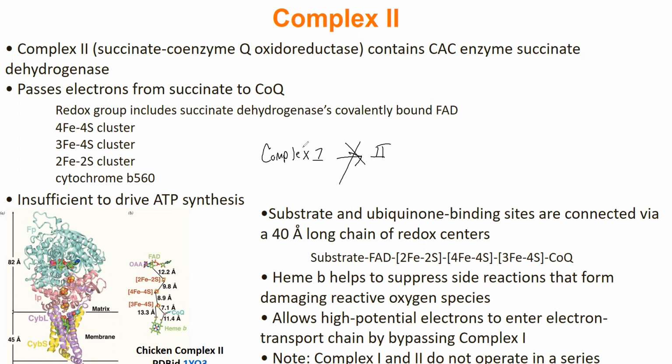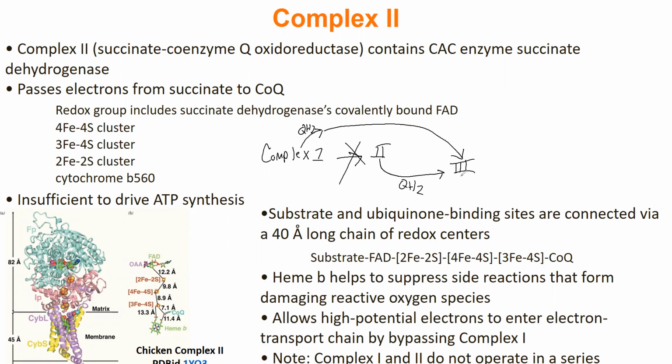What you're doing with complex 1 is that you're making QH2. This QH2 goes to complex 3. Same thing for complex 2. You make QH2, and that goes to complex 3. So it's like you start at one of them. You never go 1 to 2 because they do the same thing. You go from 1 to 3 or 2 to 3.